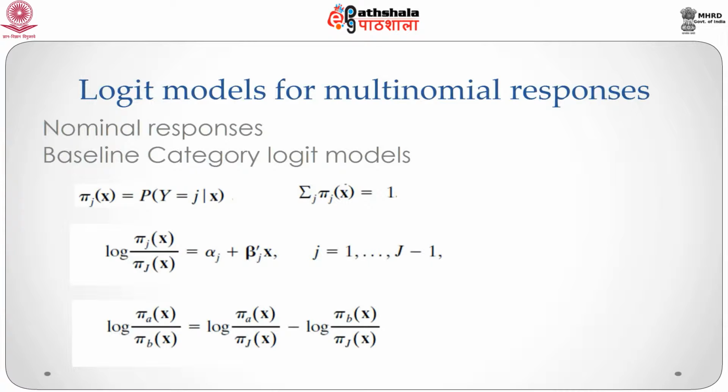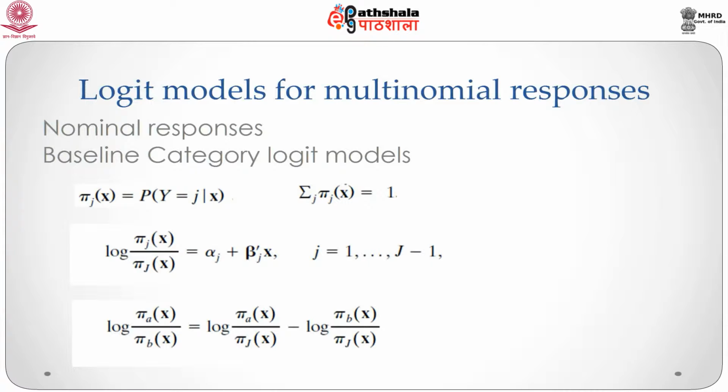However, we gain more precision and more information if instead we are able to conduct a full-blown analysis. So first, let us consider the case where we have a nominal response. So Y is a categorical nominal response with J categories. We shall first look at the baseline category logit model.